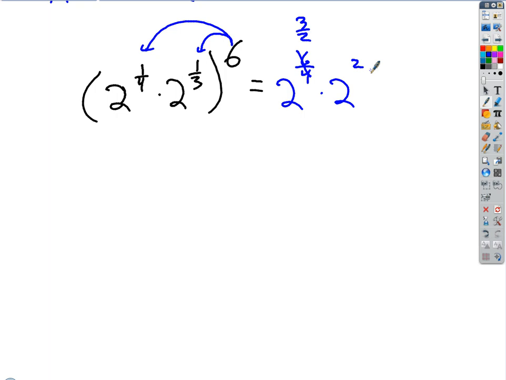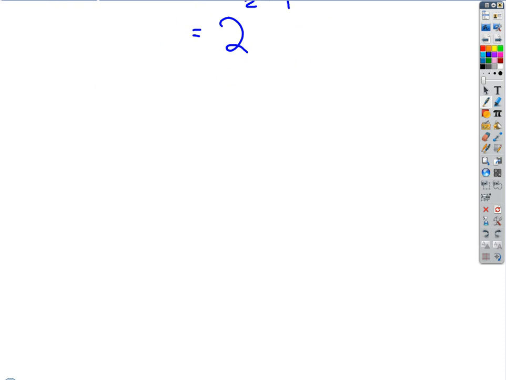So if I have 2 to the 3/2 times 2 squared, like bases, what do we do to the exponents? Add them. So I get 2 to the 3/2 plus 2 over 1. Now, how do you add fractions? Common denominator.